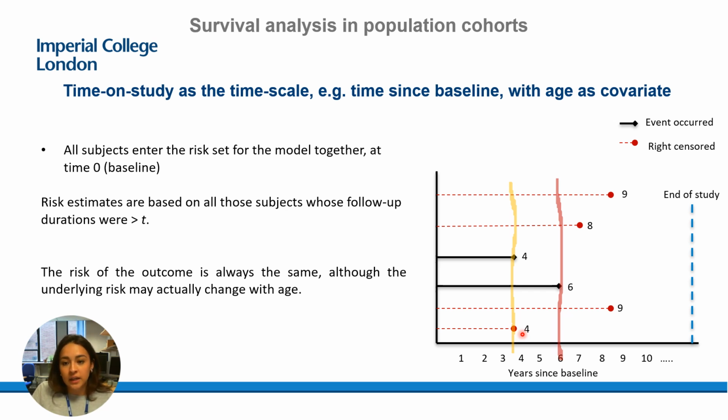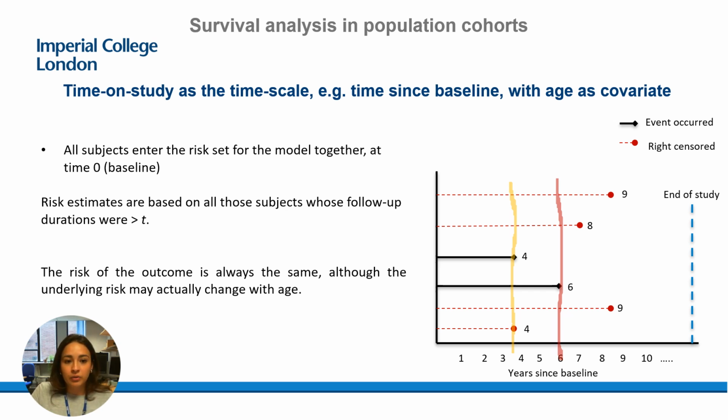In this case, it could have been due to loss of follow-up or withdrawal from the study. So really, with the time scale, what the model does is compute the risk based on all the subjects whose follow-up durations were greater than the given time, whether it's 4 years or 6 years or whatever the time point is.